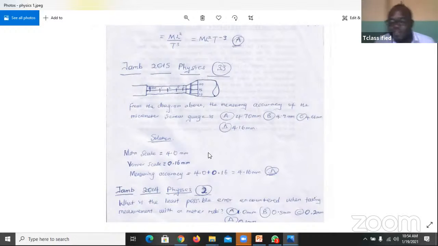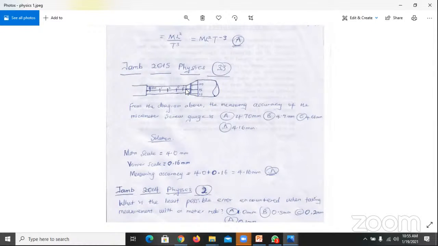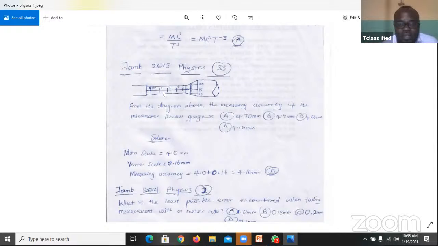So whenever you're measuring using micrometer screw gauge or Vernier calipers, you focus on taking 2 readings. One will be from the main scale, and the other one will be from the Vernier scale. The main scale is what you have here, whereas the Vernier scale will be what you have on this other side. Are we clear on that?